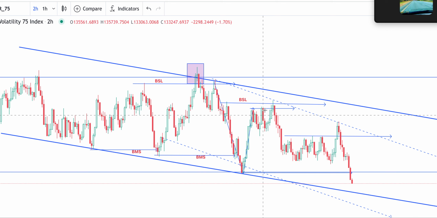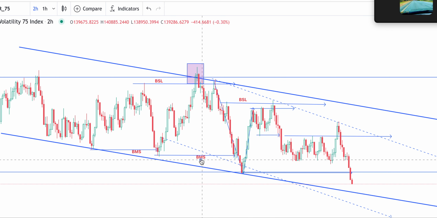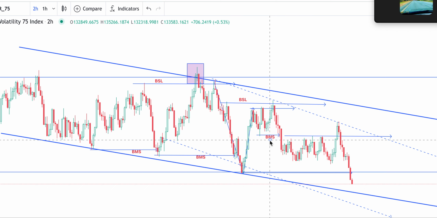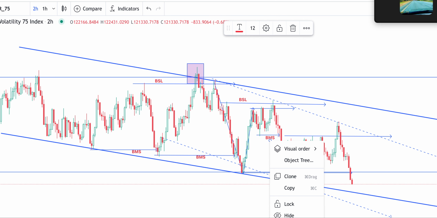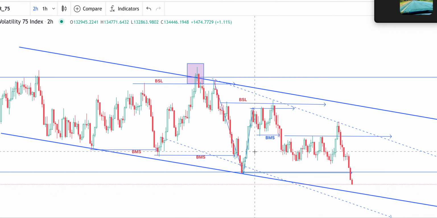So price drops from that entry to this new low, breaking these lows. This became the break of market structure now. I'll change color to blue because they are intermediate.